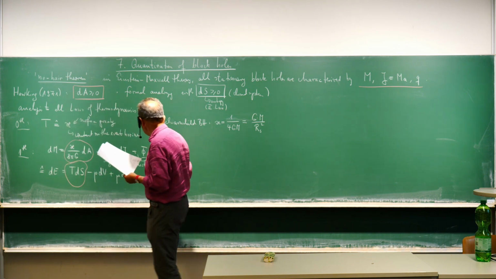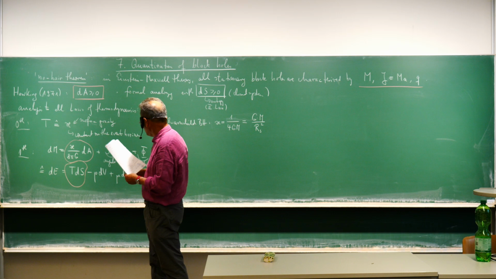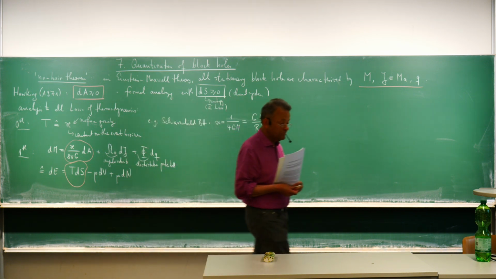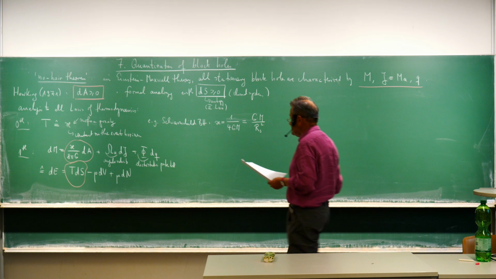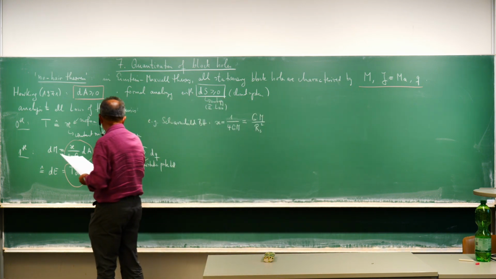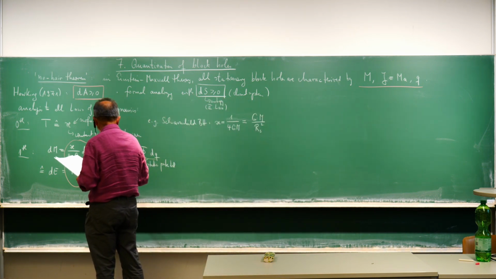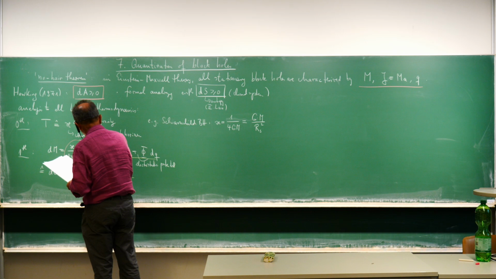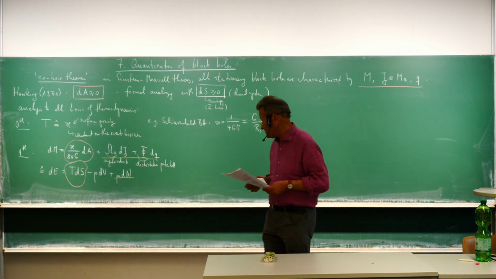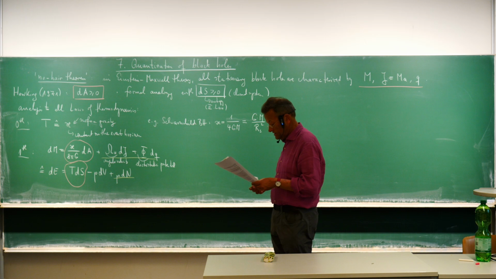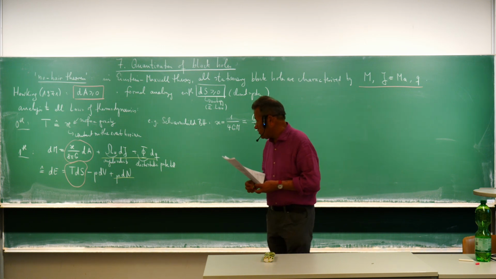Now these two terms here correspond more to the chemical potentials. So there is no analogy here to this volume term. The volume does not play a role in the black hole law.